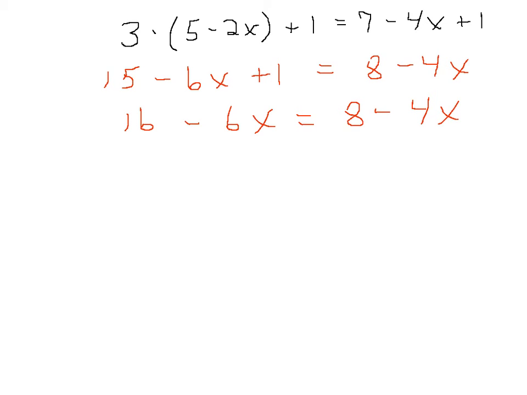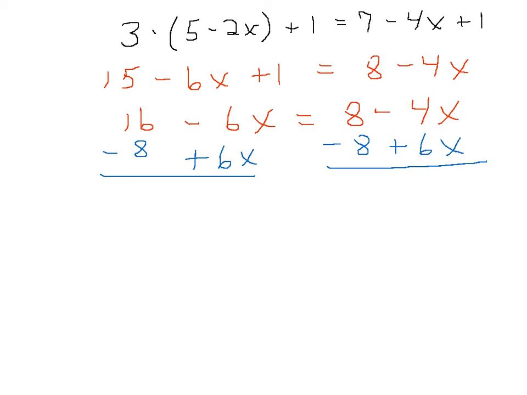So now here we are after 2 steps at that familiar place where I've got to get all the x's on one side and all the numbers on the other side. And actually at this point I think I can do that in 1 step. And so what I'll do is add 6x to both sides. Notice that gets all the x expressions on the right, so I want to get rid of minus 8. So take a look at that.